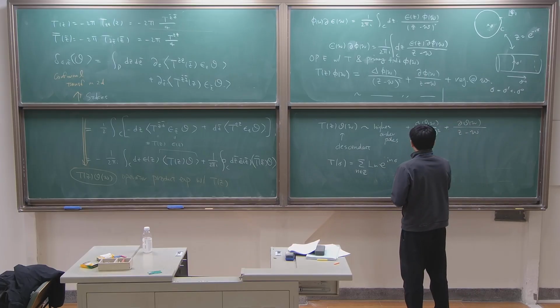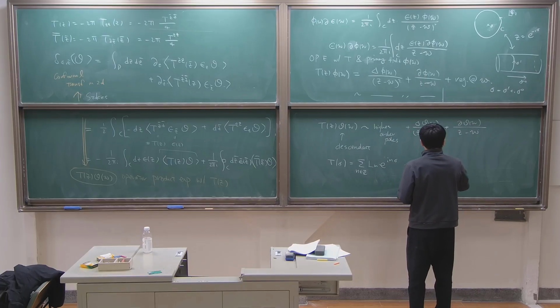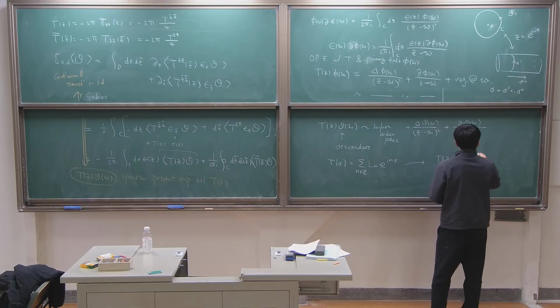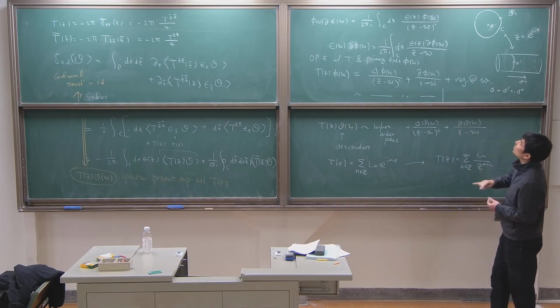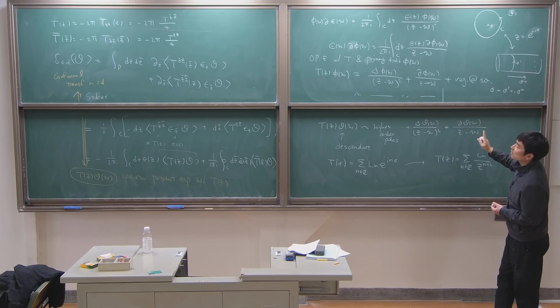But then to move to the conformal transformation, T of z becomes the sum of L_n z^{-n-2}, where these two really come from this conformal transformation. Did I erase it? I erased it.